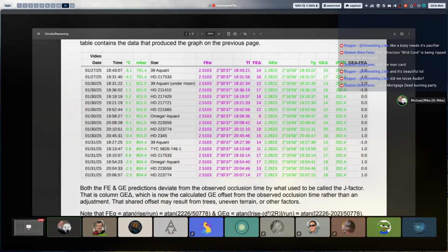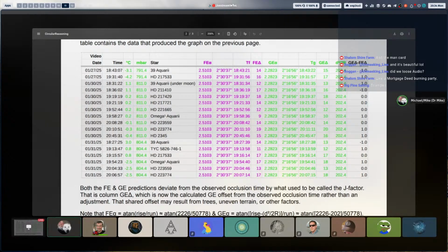And just as a little extra, I only discovered within the last week that that's where the J factor was coming from. At the time I originally came up with the J factor, I noticed there's this weird systemic error of some kind, and I didn't know where it was coming from. But if I applied the J factor, it made the globe Earth estimate perfect. And when I did that, unexpectedly, that also made the flat Earth prediction perfect.